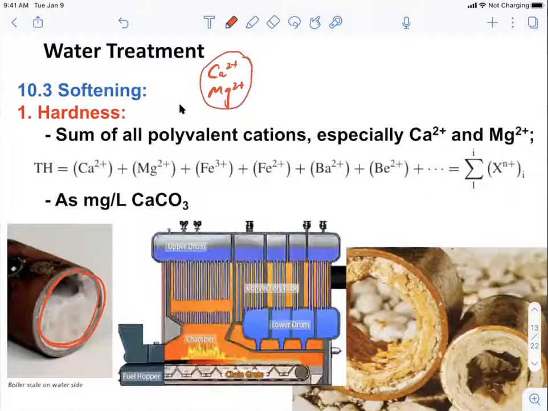A lot of ions can form white scales and sedimentations. If we want to calculate the total hardness of the water, people find out the concentration in mole per liter, and basically sum up all the molarity of these ions together to get the total hardness.